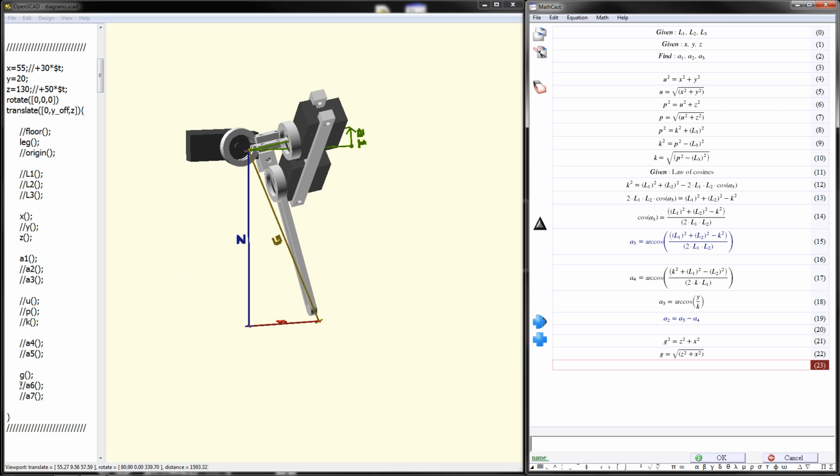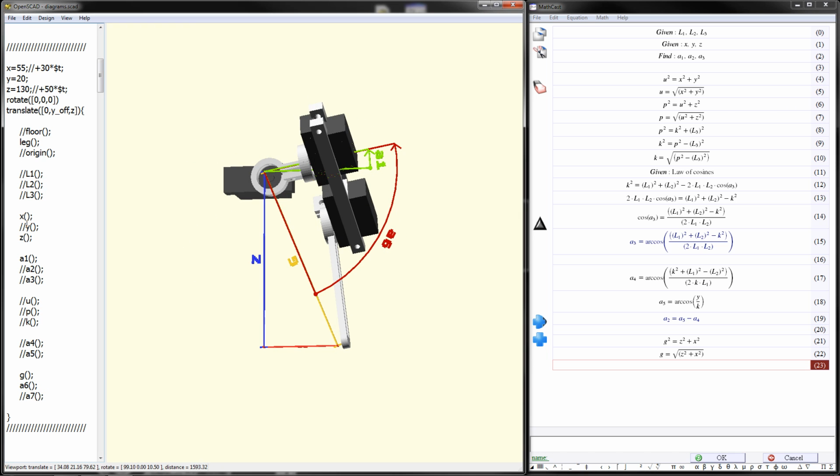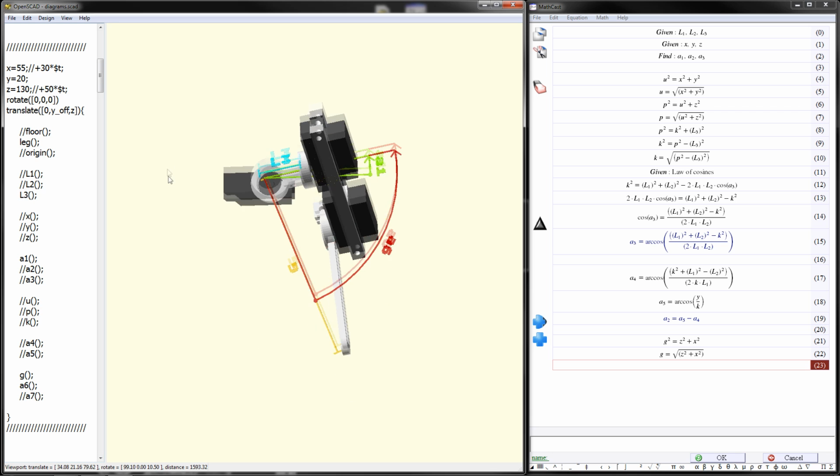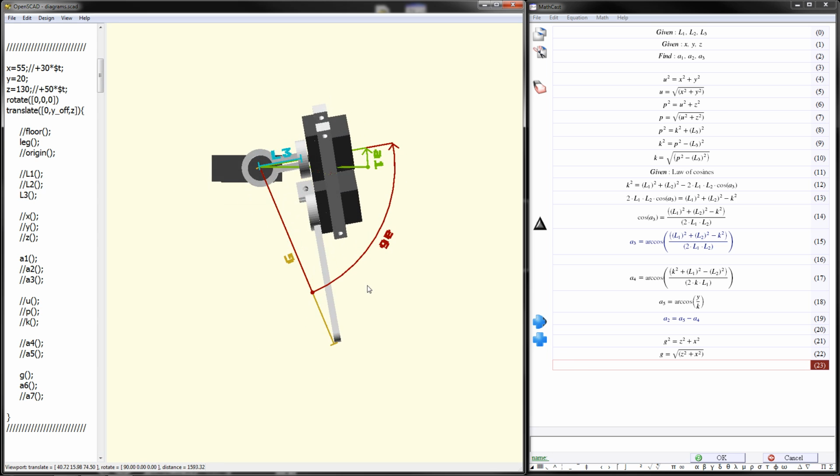Alright, now with g, if we pull L3 back in the mix, there we go, we can solve for A6, which is another angle that we just created. So A6 is going to be arc cosine of L3 over g.